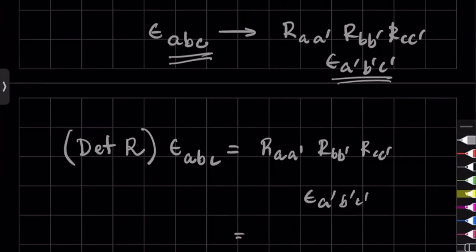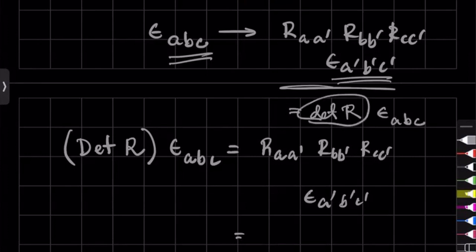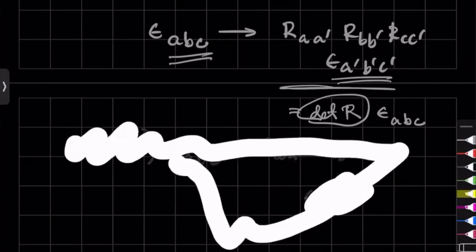So if I use this over here, I should get the determinant of R times epsilon_{ABC}. But what is the determinant of R for SO3? One.